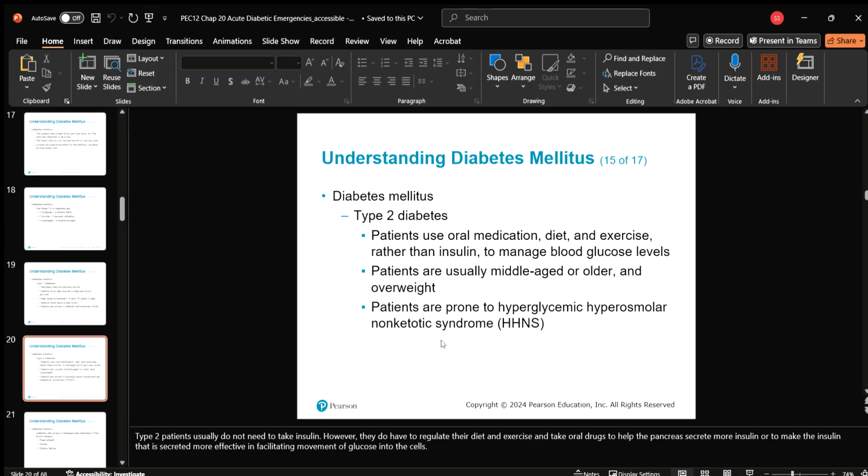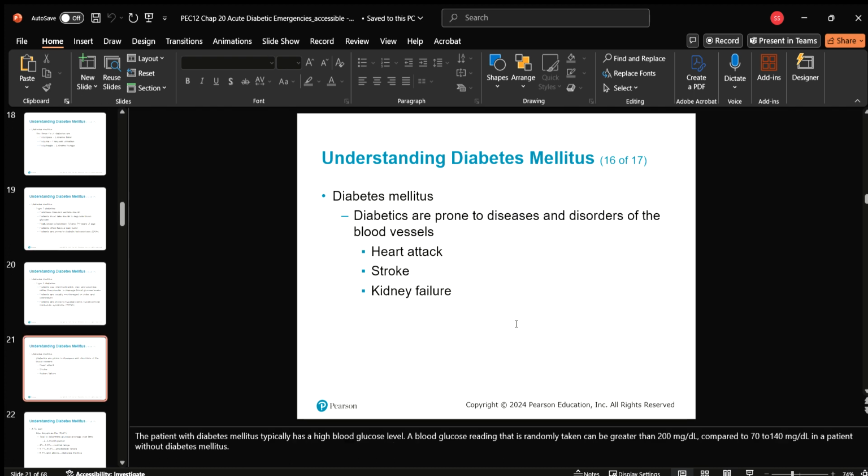These patients are typically prone to HHS. So type 1 is prone to what? DKA. Type 2, HHS. And we're going to talk about the difference between these two in a second.